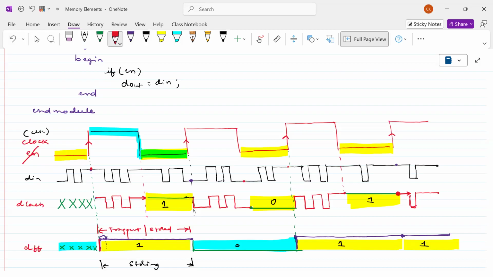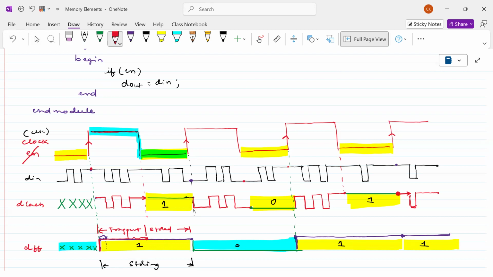Next, at this one, there is a high level. Is there any change in the sensitivity list? No, there is no change. Therefore, it cannot go to the always block, so the previous value will be retained till this point.